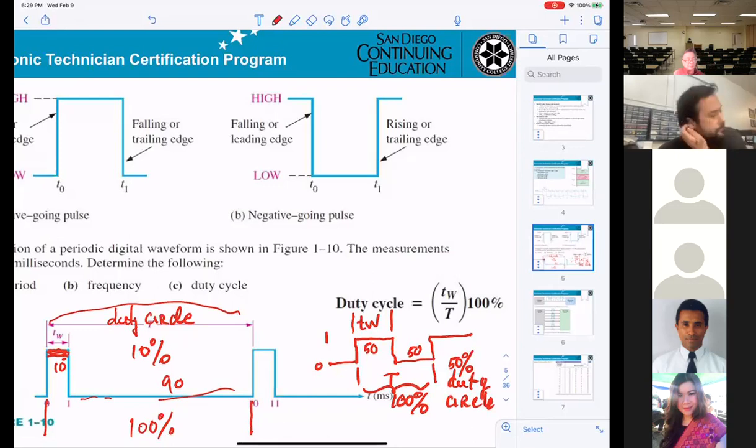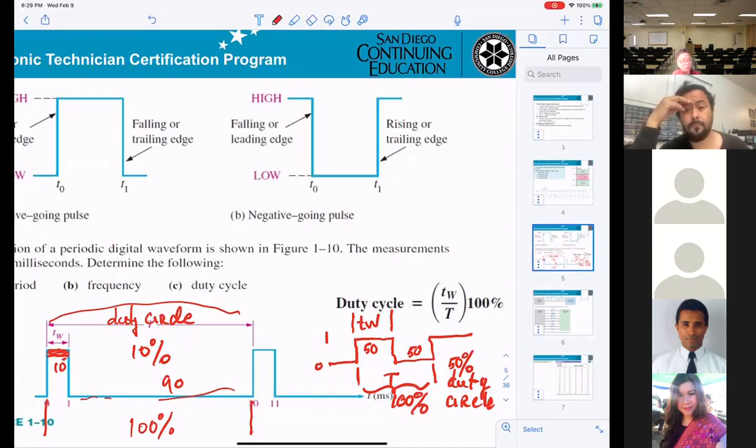Mr. Pham, the reason to choose, for instance, a 10% duty cycle or 50% duty cycle is to optimize the power consumption. Is that the reason? No, the thing is, one cycle, that's 100%. And now you want to know duty cycle.